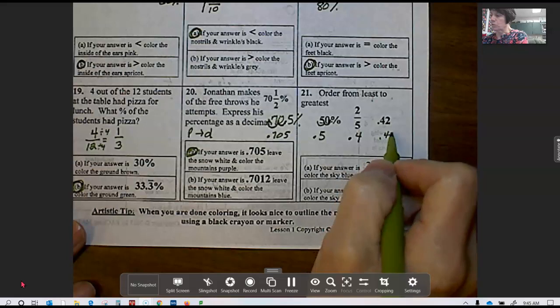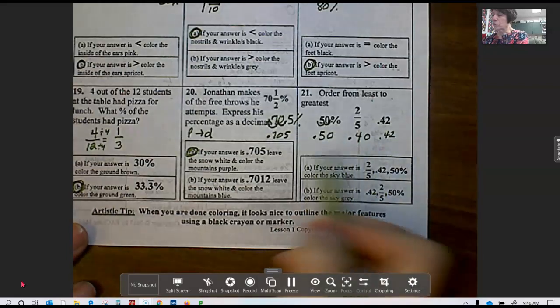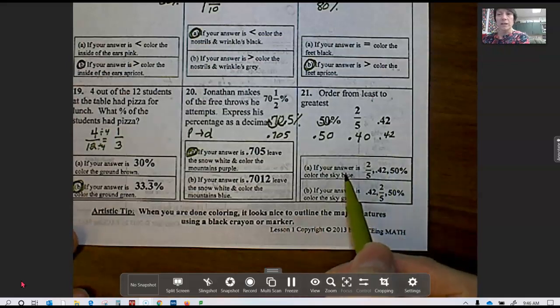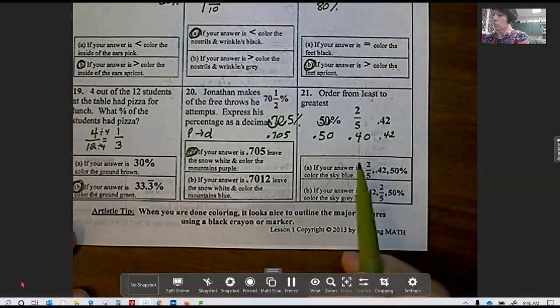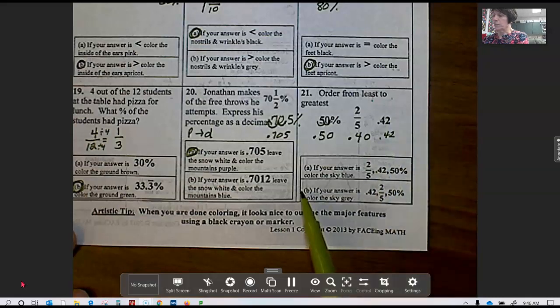And then this one is 0.42. Now, so that they're all equal, I'm going to add a 0 onto them so that they all look the same to me. Remember, we can add zeros on decimal numbers without changing the values. So our 2/5 is the smallest, and then our 0.42 or 42 hundredths would be next, and then our 50 hundredths or 50% would be last. And so we are looking at this A right here.